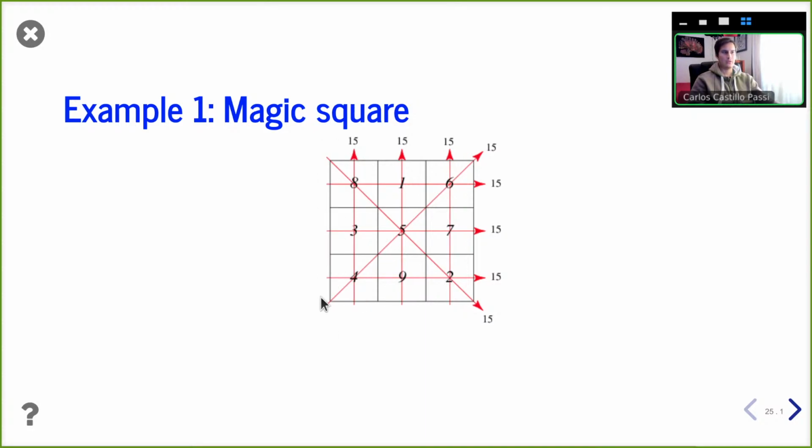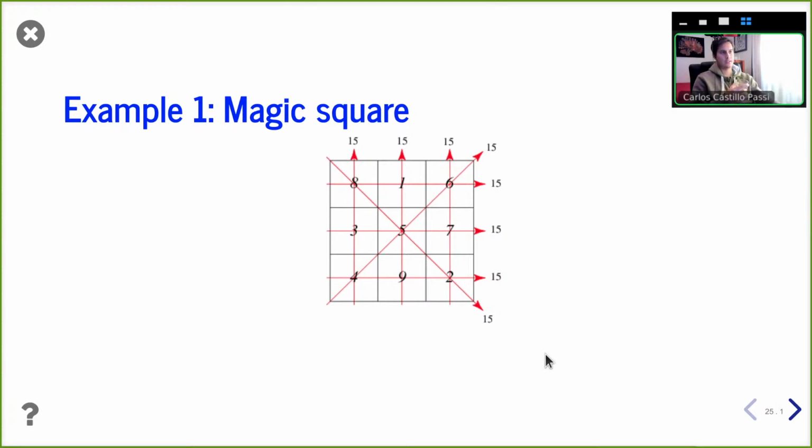Here I'm showing a 3x3 grid, and your goal is that each row needs to add to the same, each column needs to add to the same, and the diagonal terms need to add also to the same. It's like a Sudoku. It's a precursor of the Sudoku. And the solution for this is the one I show here. And you can do a magic square of any size.